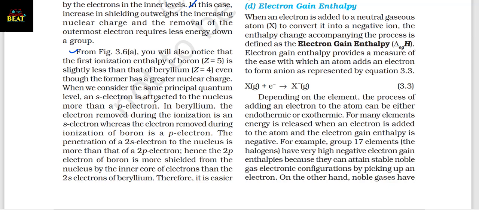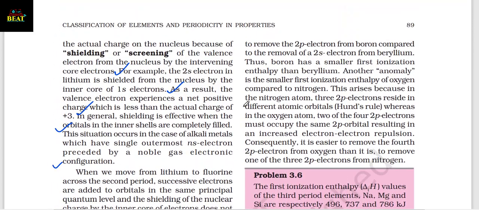Hence, the 2p electron of boron is more shielded from the nucleus by the inner core of electrons than the 2s electrons of beryllium. Therefore, it is easier to remove the 2p electron from boron compared to removal of a 2s electron from beryllium. Thus, boron has a smaller first ionization enthalpy than beryllium.